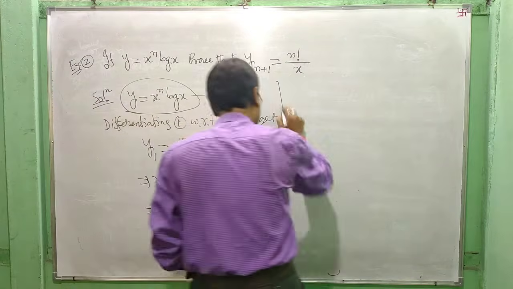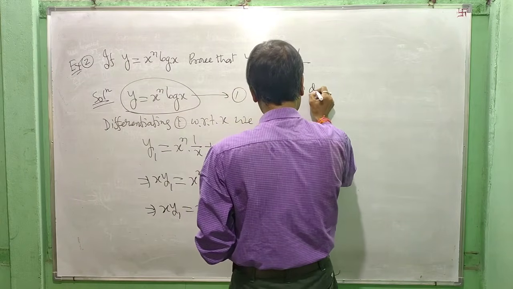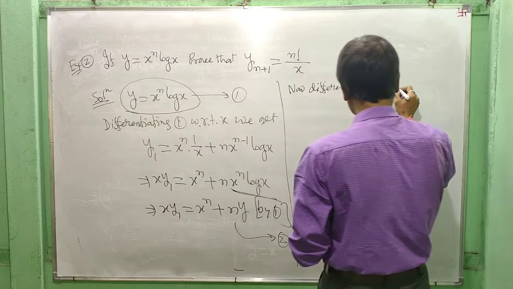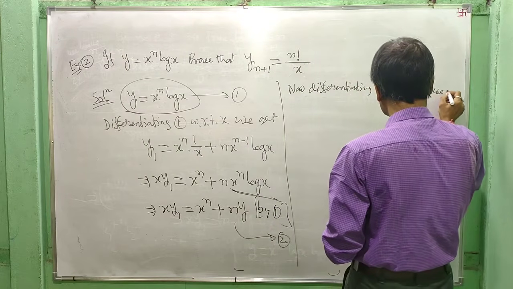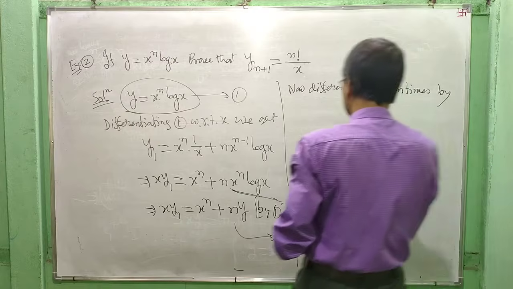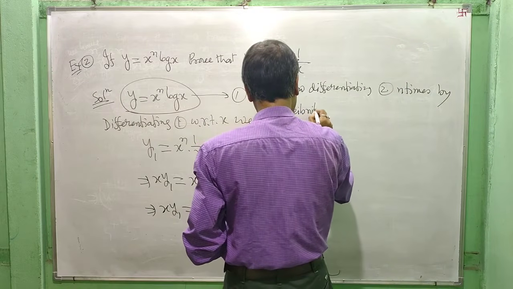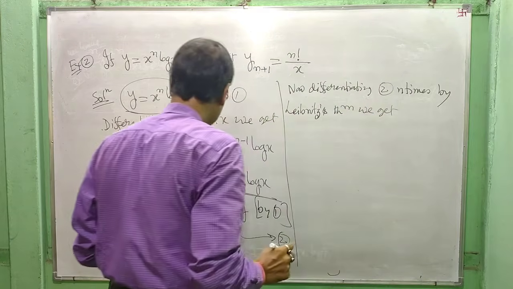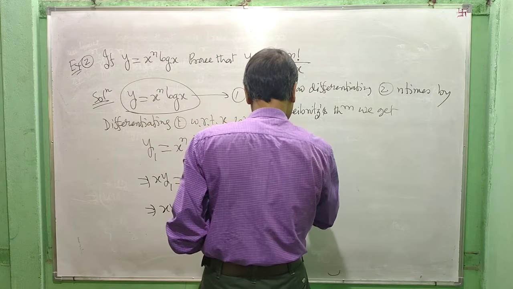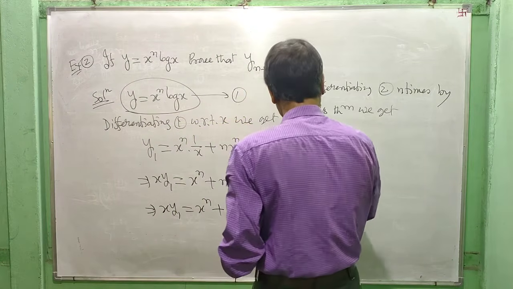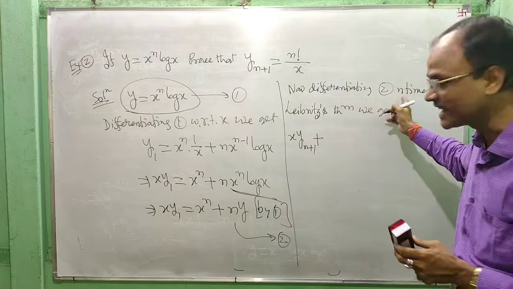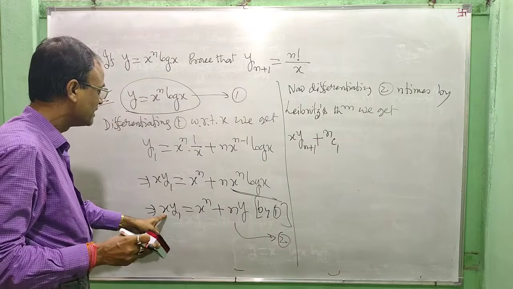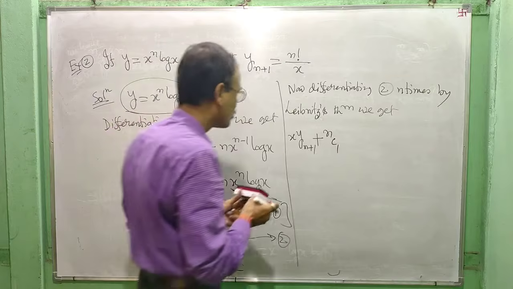Now differentiating 2 n times, we get by Leibnitz theorem x y_n plus 1, n times. Here we are differentiating n times, therefore it will be n C 1, and the differentiation of x is equal to 1.